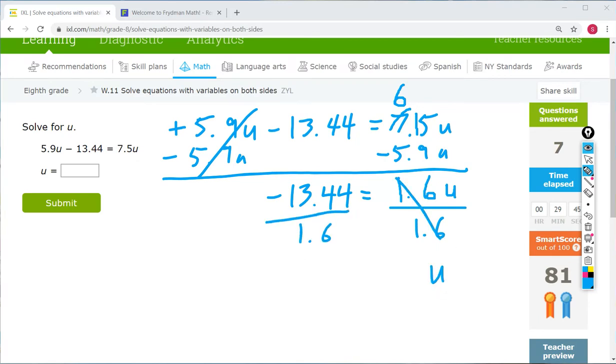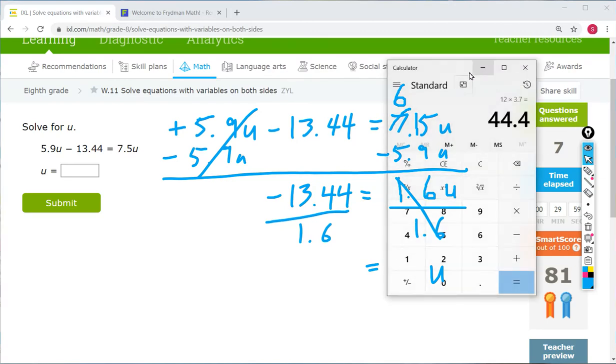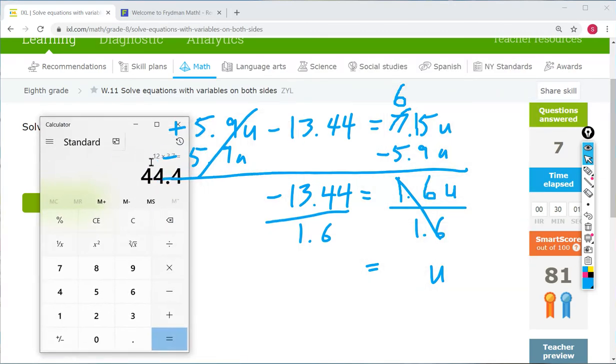So I get u equals, and what would that be? Not sure. So anyway, we can use a calculator for that one.